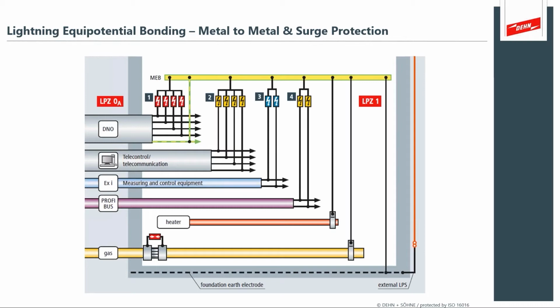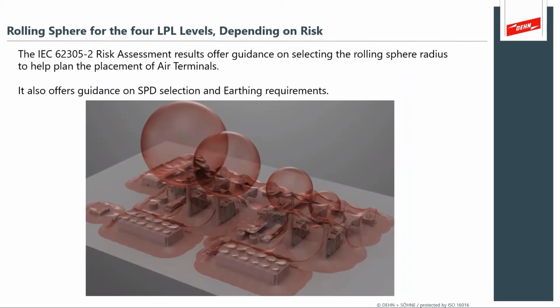And so what's nice about this illustration is it shows things like a metal to metal pipe for gas or for copper water pipes, but it also is a great illustration for things that are not bonded. You have to use surge protection on your telecommunications, on your main AC power, on things like data communication lines. This is where surge protection devices go. And that's where we're going to start our discussions.